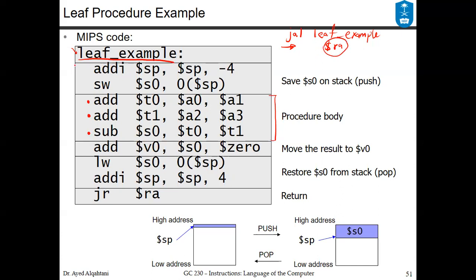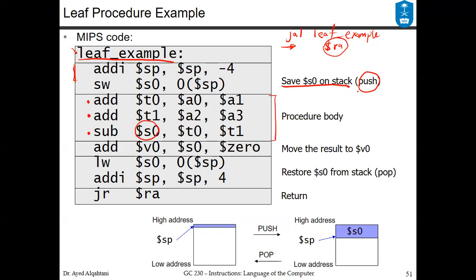Now we came here. The first thing you notice in the procedure body, we used a saved register. We used only a single one, which is S0. So we need to save it. We need to save S0 on the stack by the push operation.